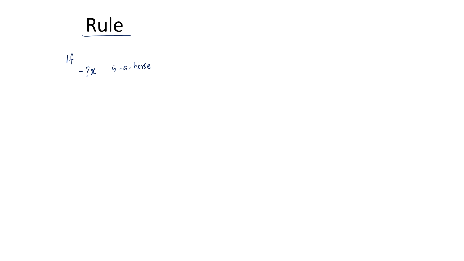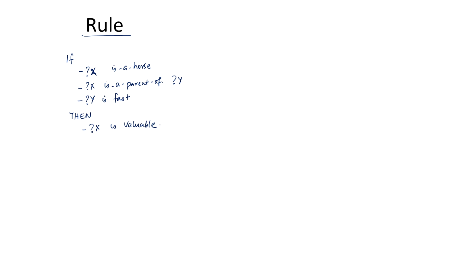The second is X is a parent of Y. The third is Y is fast. If variable X is a horse, and X is a parent of Y, and Y is fast, then we say that X is valuable.